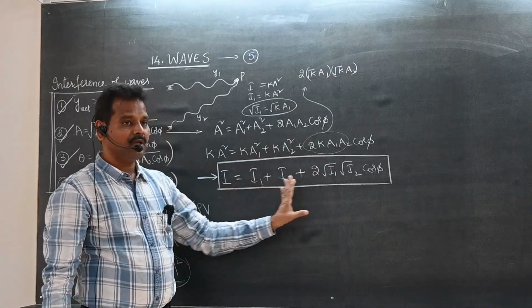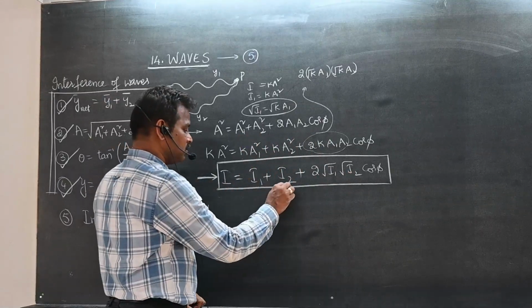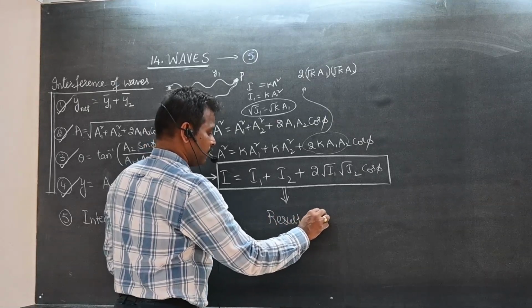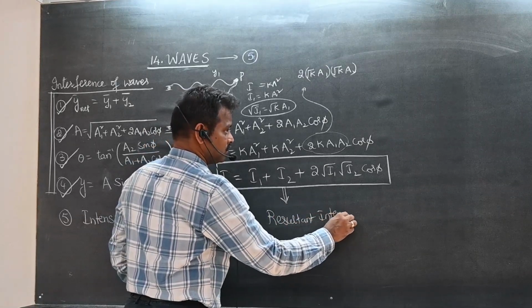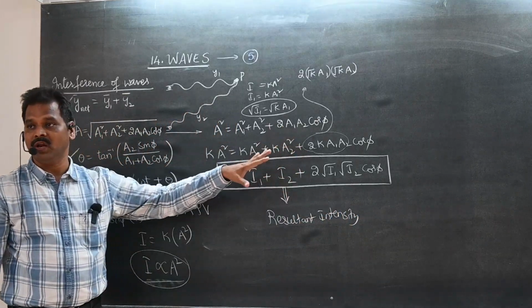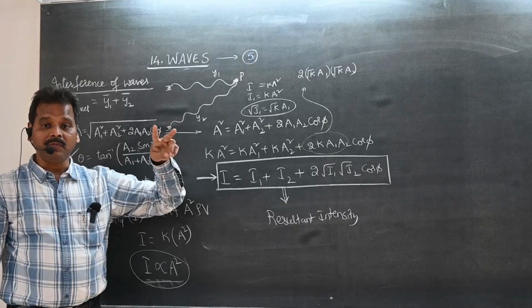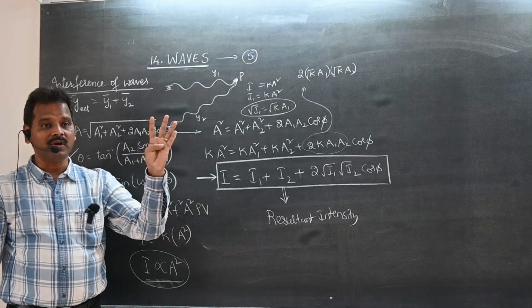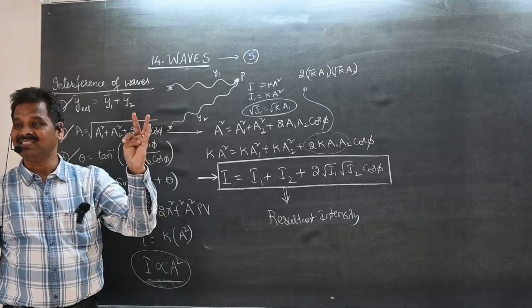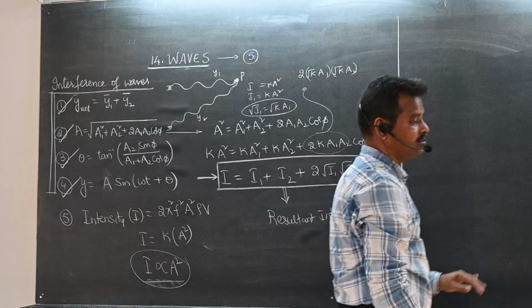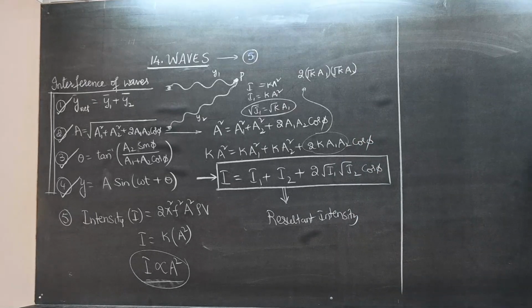So this is the resultant intensity in interference. Based on this intensity, interference can be divided into 2 types: constructive interference and destructive interference. We will see what each is.